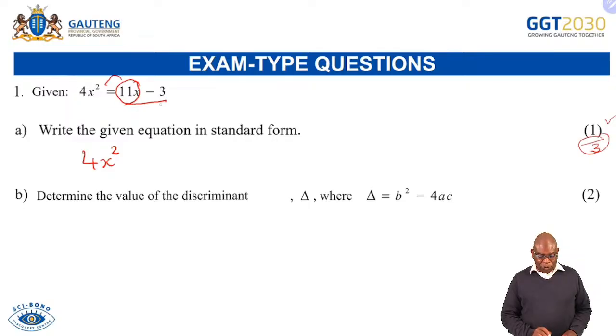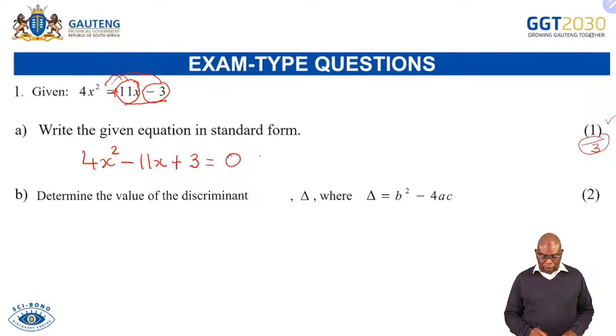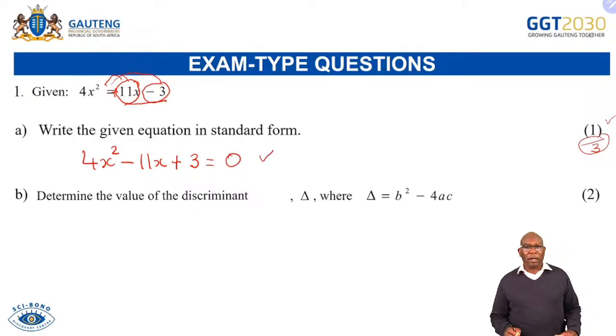No. Transpose each term with its sign. This is a plus sign. So if I transpose it to that side, then it becomes negative 11x. Then I transpose this one to this side, then it becomes plus 3 equals 0. I've got my 1 mark out of 3. I already passed.